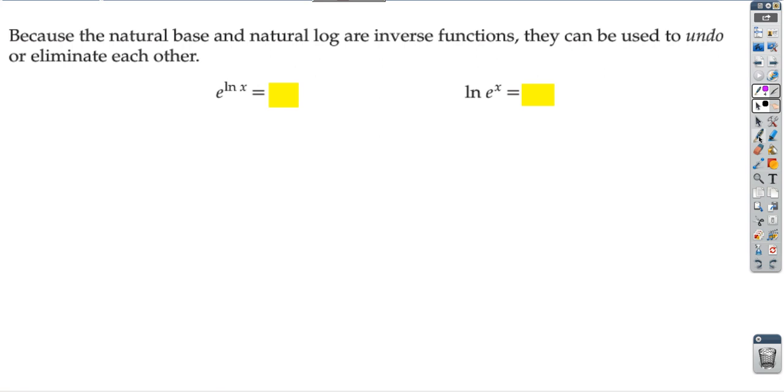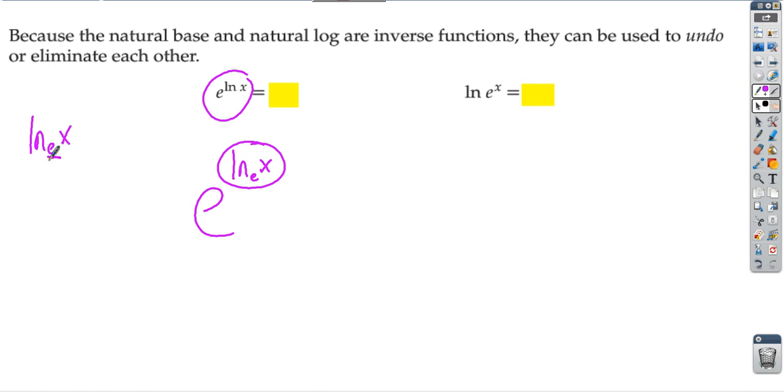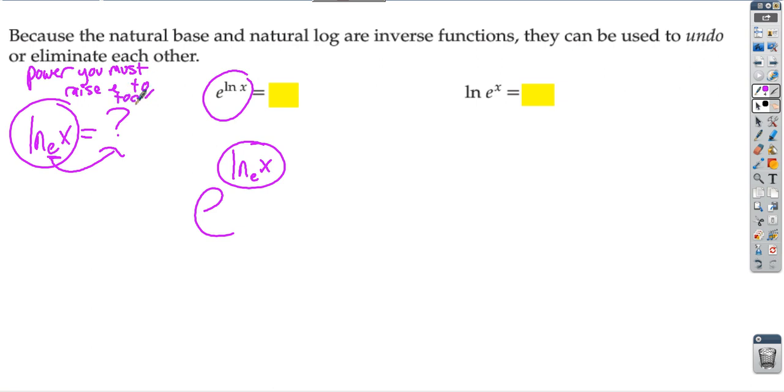Okay, here's just something to note about properties with logarithms. What does this mean right here? This means raising e to the natural log of x, remember that's base e. So this right here means what power do I have to raise e to get x? So this represents the power you must raise e to get x.